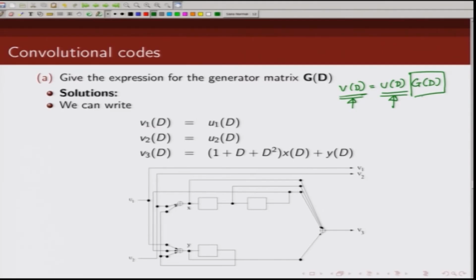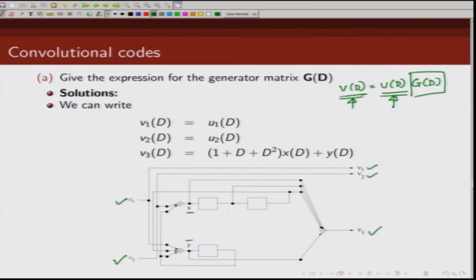So, our objective is to write V1, V2, V3 in terms of U1 and U2.